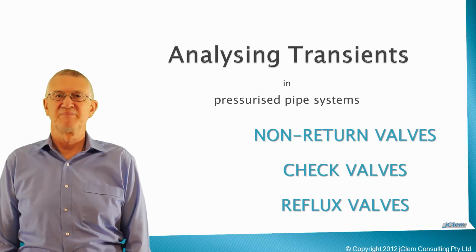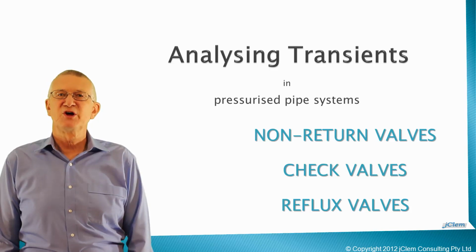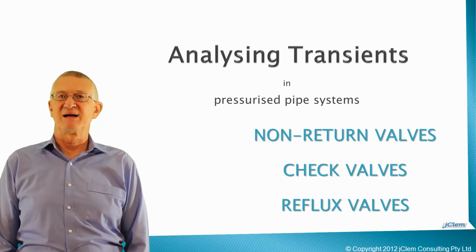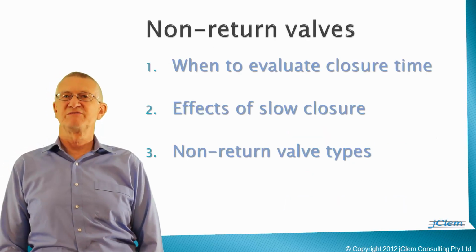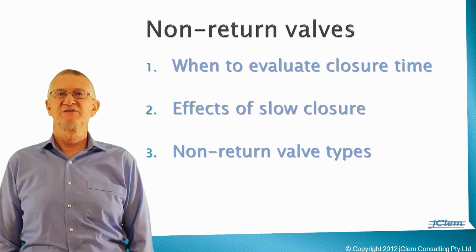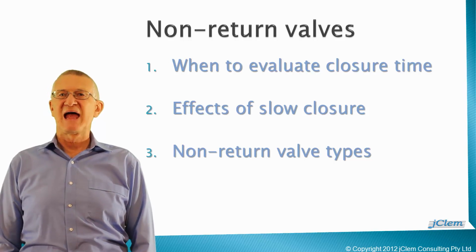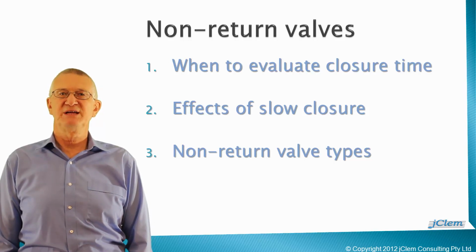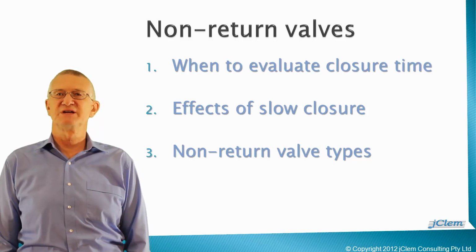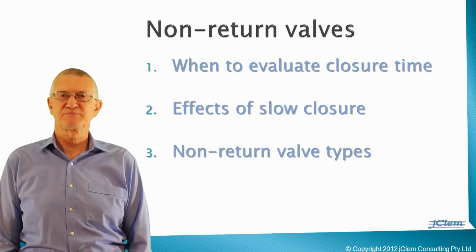Where was I? The lesson on non-return valves has 3 parts, presented in 3 separate videos. Part 1 is the video you are now watching and is about knowing when you need to evaluate the transient effects caused by slow closing non-return valves and when you do not need to know.